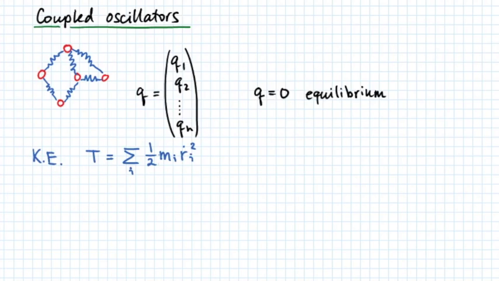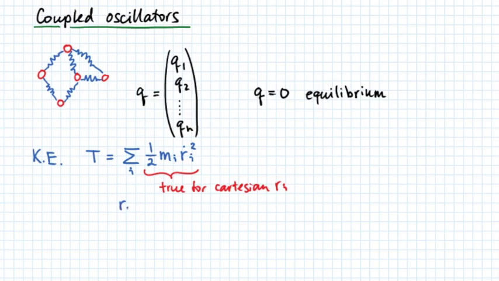That is true for Cartesian coordinates. How will the kinetic energy look for generalized coordinates? In other words, when coordinates that describe the position of coupled oscillators are no longer Cartesian.